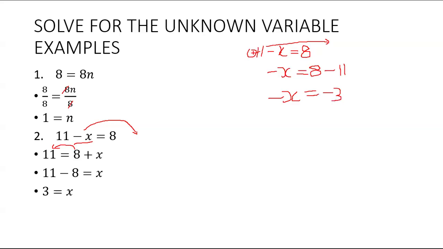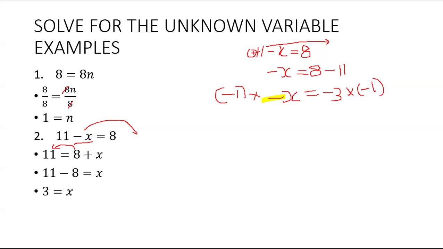But as I told you, when you solve for the variable, it cannot be negative. So to get rid of that negative, simply multiply both sides by negative 1 or divide both sides by negative 1. It's up to you as to what you want to do. The reason why we multiply by negative 1 is to ensure that our variable is positive.